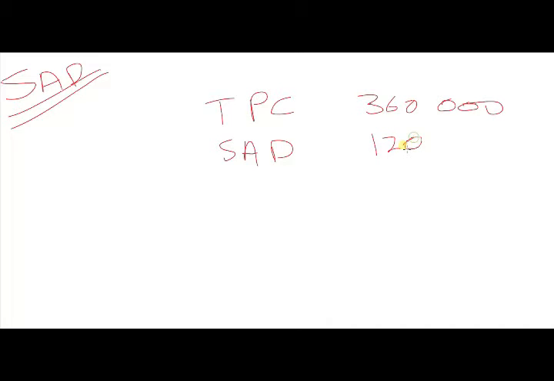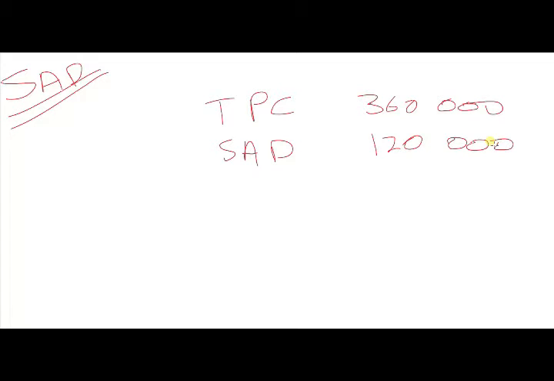So to get that percentage, we need to use the budgeted information, that is from the budgeted income statement. The total production cost from the budgeted income statement is 360,000. And the selling, administration and distribution costs are 120,000.